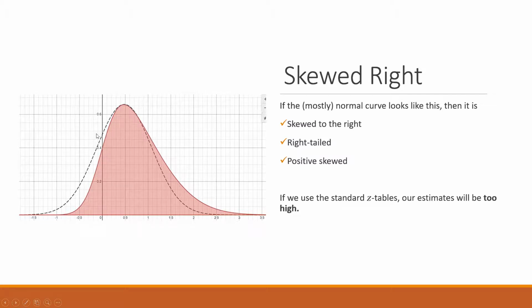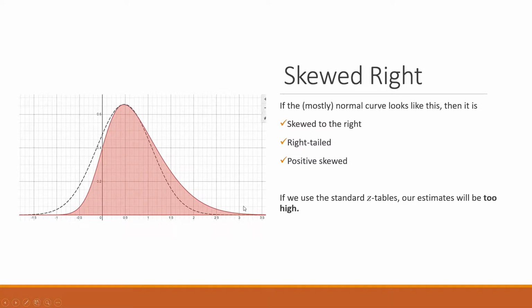To the left here, this is the actual curve right here. This is the normal distribution that we're assuming we have, but we don't actually have. So if we do use mean and standard deviation, our estimates are going to be too high because the z-table will give us what the dashed line represents, whereas this is what we actually have.